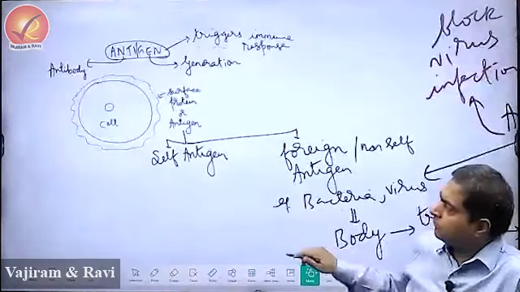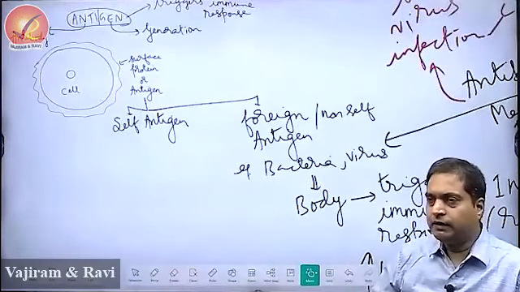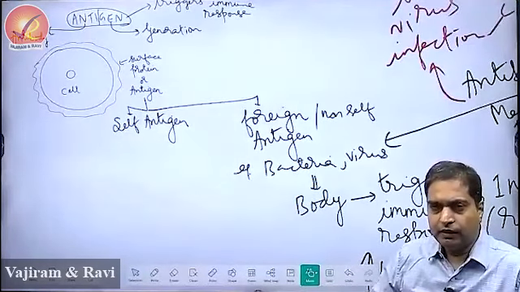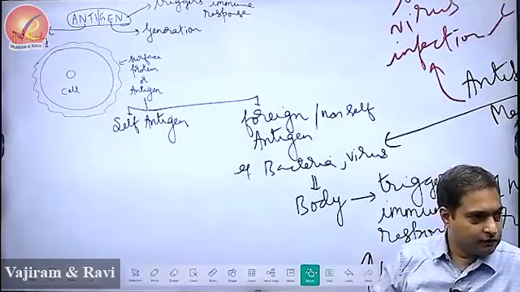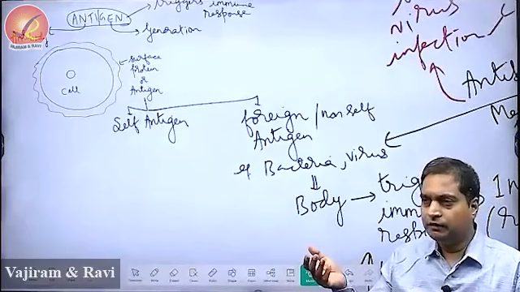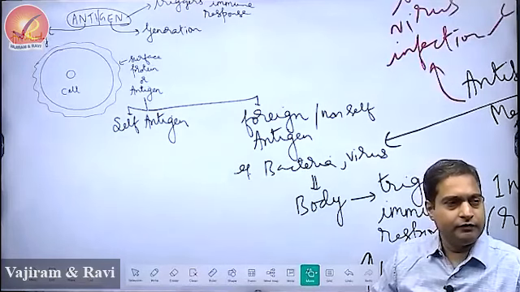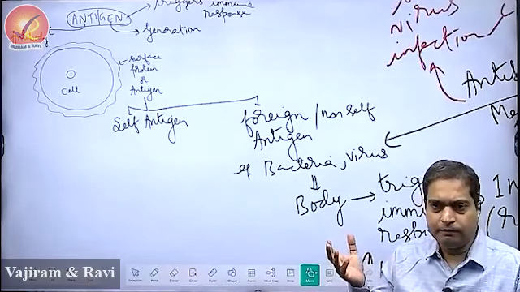So this is the concept of self antigen and foreign antigen. Antigen that belongs to your own body shall be regarded as self antigen. Antigen that belongs to your parents, brother, sister, or people outside the family, all will be regarded as what? Foreign antigen. Now, how are these antigens produced? These are surface proteins.